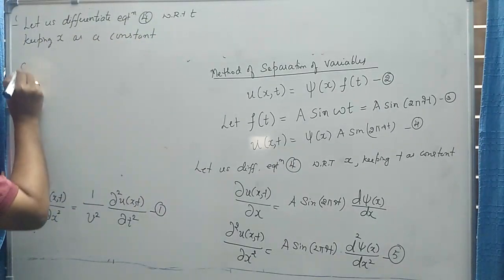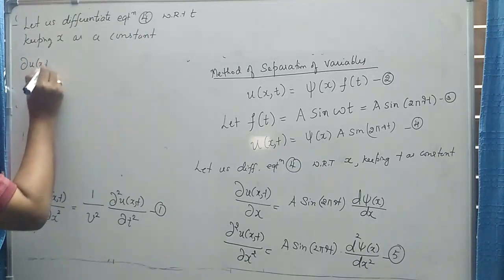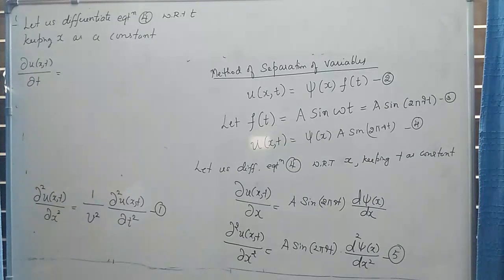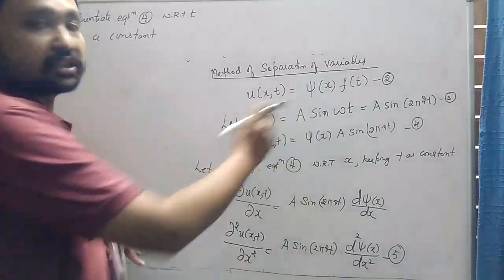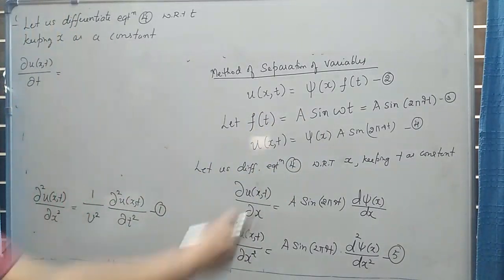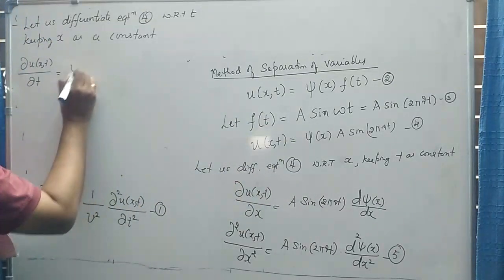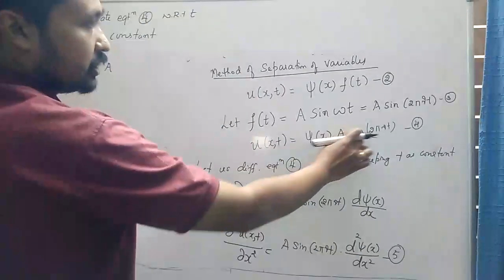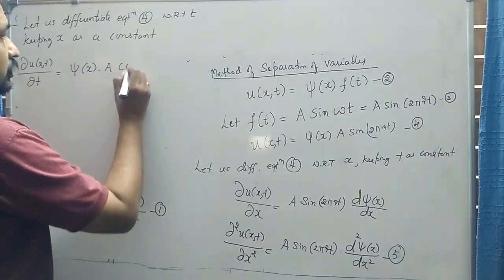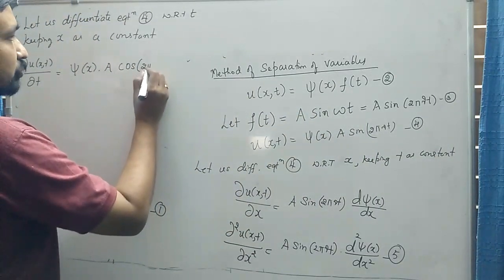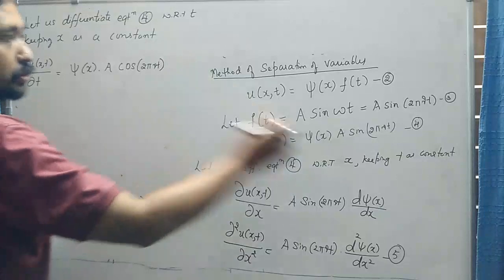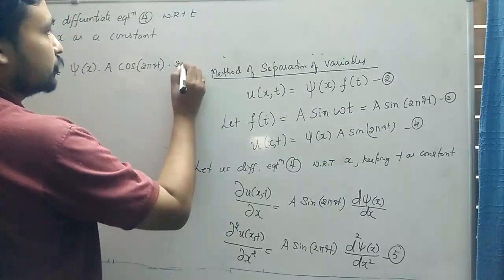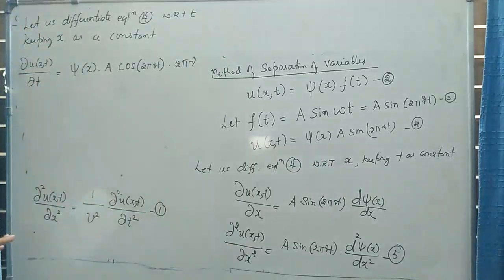So we get ∂u/∂t. Now we are differentiating with respect to t, so the x term is treated as constant. So ψ(x) is a constant, a is also a constant, the differentiation of sine is cos of 2πνt, into the differentiation of the term inside the bracket, which gives 2πν.